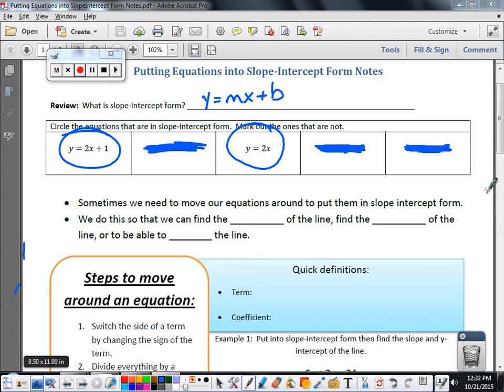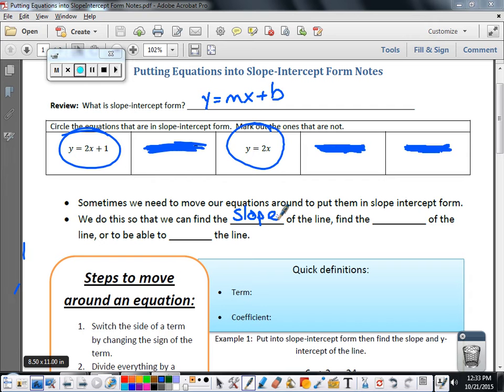All right. Sometimes we need to move our equations around to put them in slope-intercept form. So that's what we're learning today. We do this so that we can find the blank of the line. What is it? Slope. Find the blank of the line. Jahan?